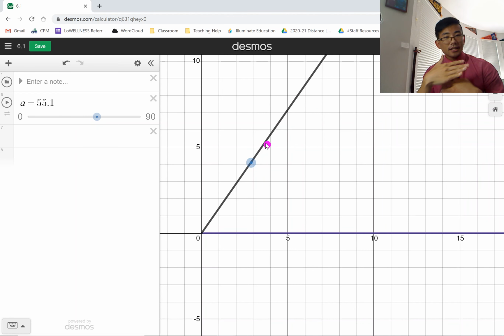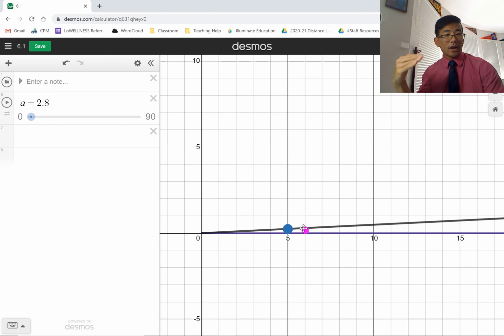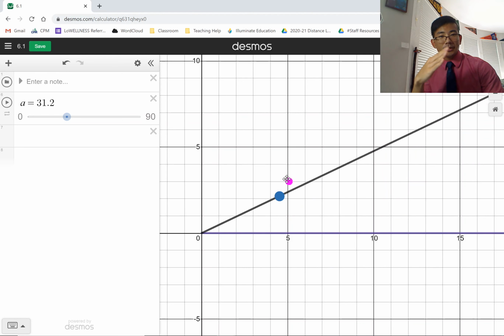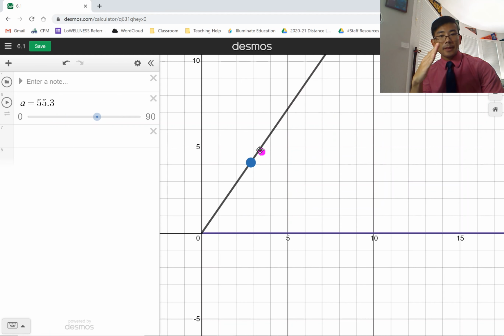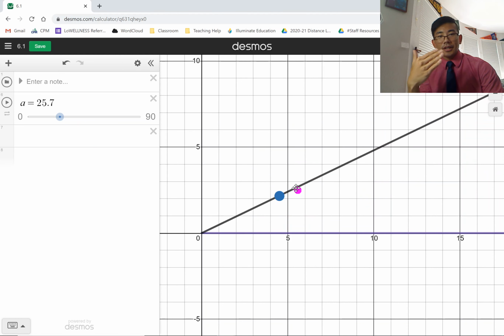And so that's how we, we being mathematicians, I suppose, have decided angles are measured. We start off at 0, which would be the positive x-axis, and then as angles increase, it opens up counterclockwise. If it opened up downward, we would simply call it a negative angle.